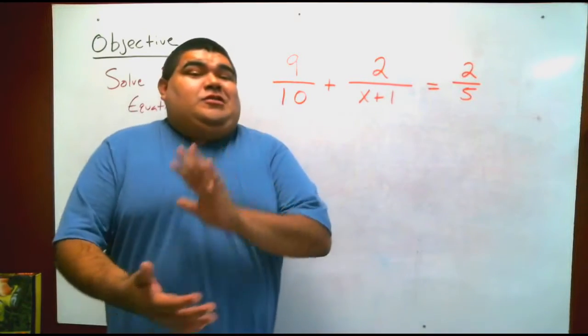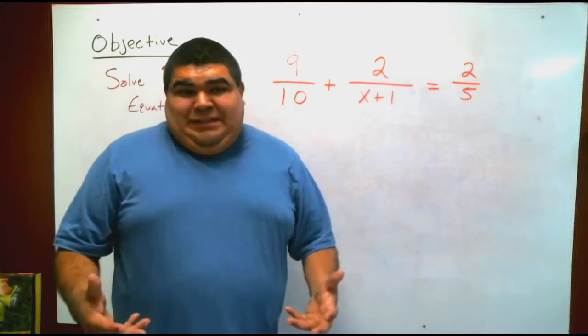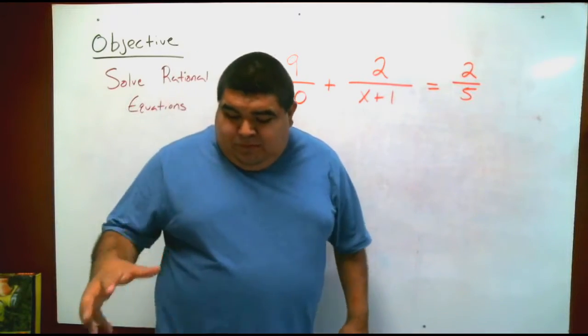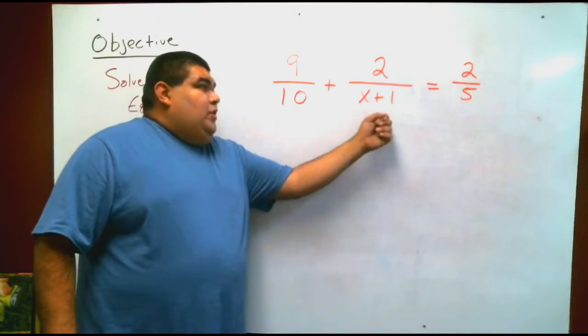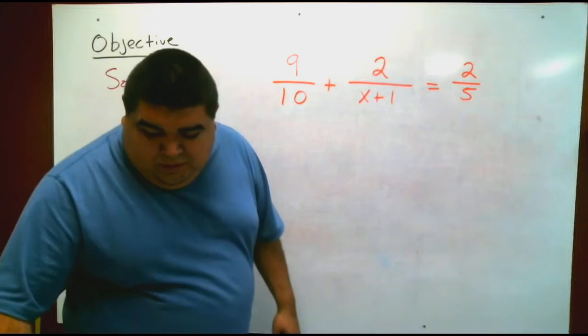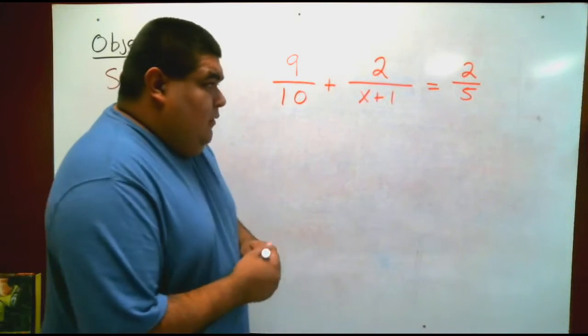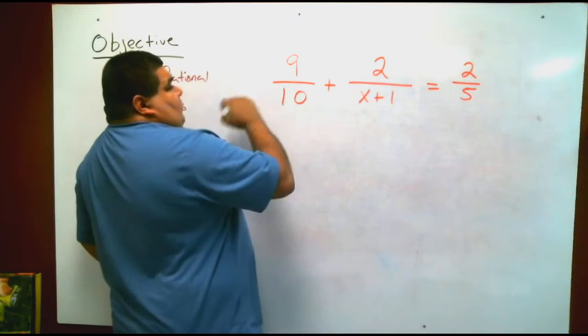Okay, it looks kind of complicated. It's really not. All we're going to do is take it apart in pieces. Notice that we're going to try to cancel out the bottom. The way we're going to do it is we're going to multiply.